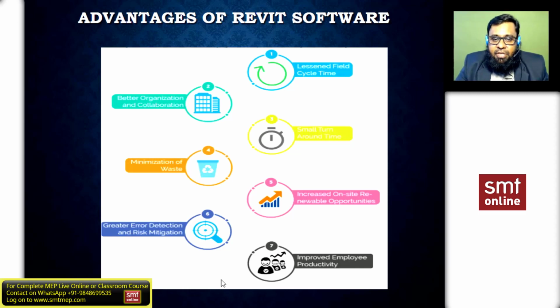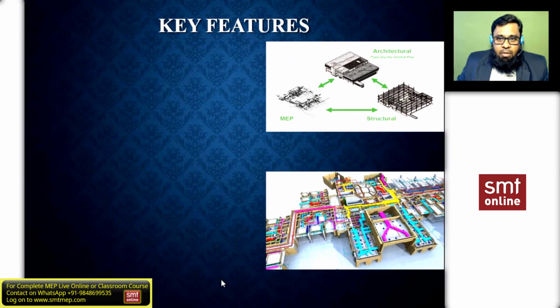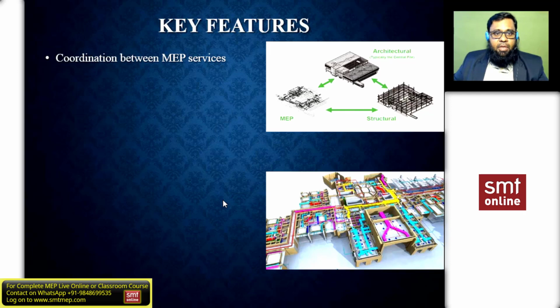Next we'll talk about the special features offered by Revit MEP software. So the key features for Revit MEP software. The first option is coordination between MEP services. Not only MEP services, Revit offers coordination between the architectural, MEP services and structural.